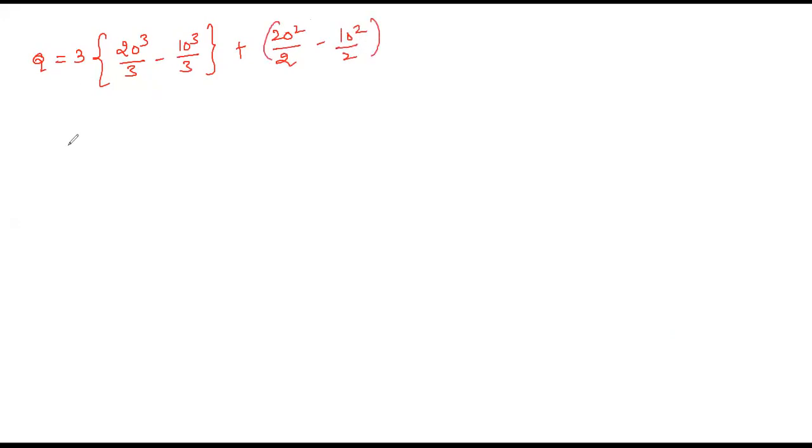Okay, so I am taking 1 by 3 common, so 20 cube minus 10 cube, plus here I am taking 1 by 2 common, so this is 20 square minus 10 square. This 3 and this 3 will get cancelled. So how much you are getting? 20 cube minus 10 cube and this one.